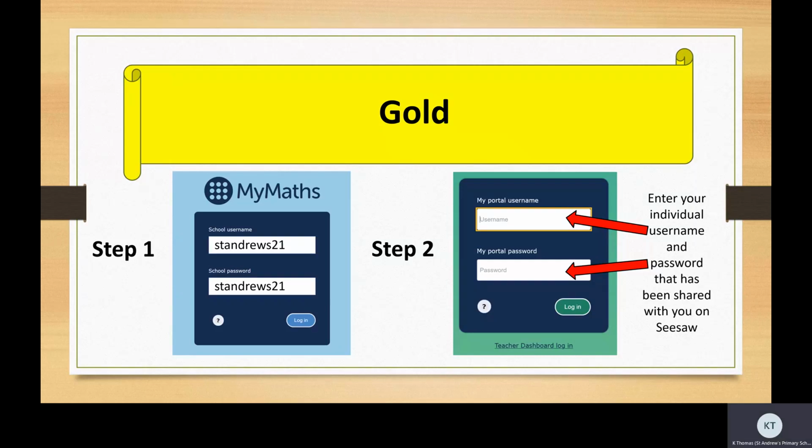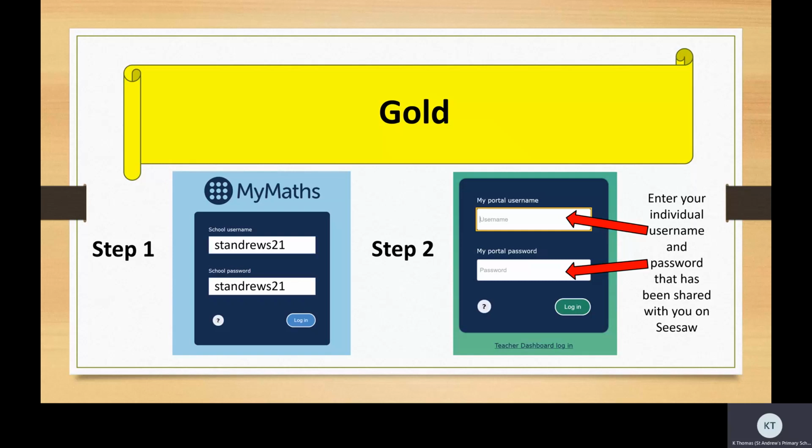And I've put on the screen to help you, the school username and the school password are exactly the same, St Andrews 21. Once you've completed step 1, you are onto the St Andrews portal. But now you need to complete step 2.